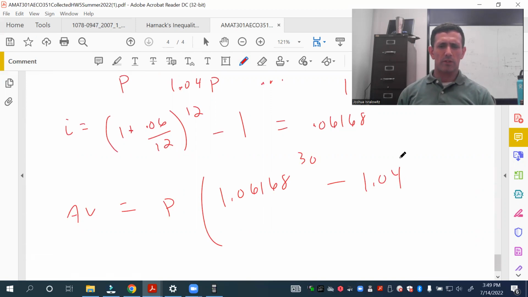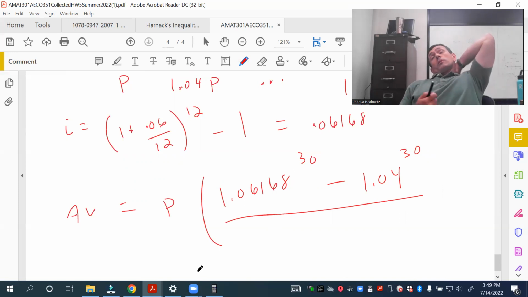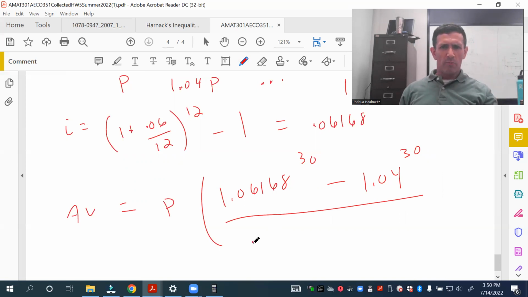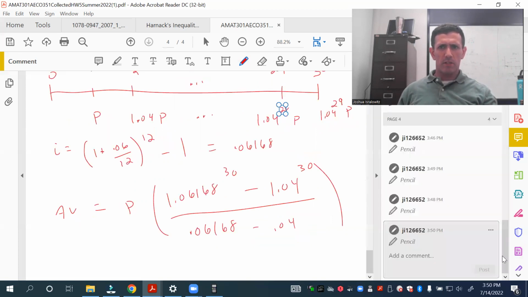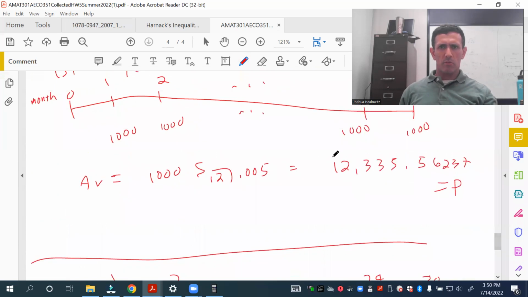We have increases of 4% each year, so 1 plus R to the 30. I, or in the formula generally J, is 0.06168. R is 0.04. That's 0.06168 minus 0.04. Remember, this is what P is.